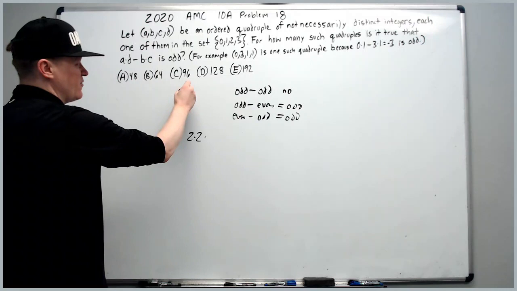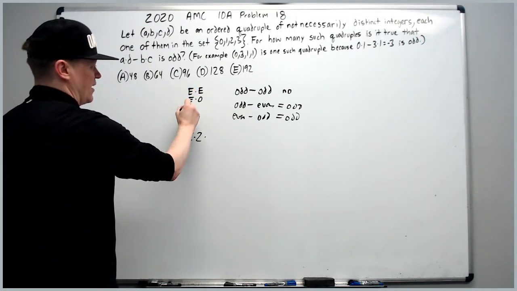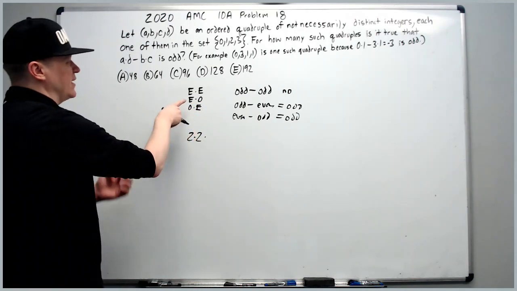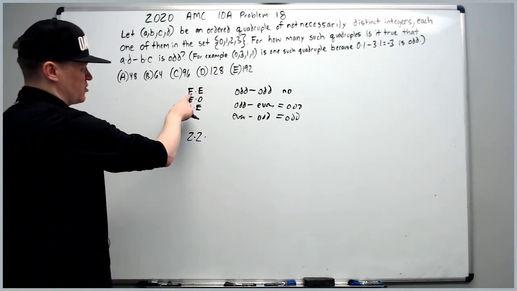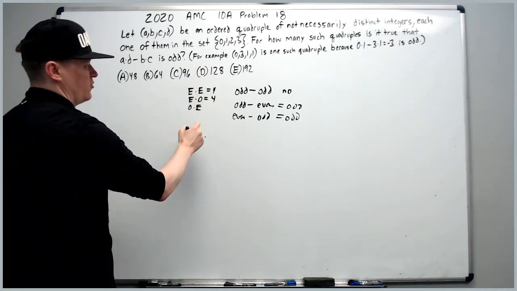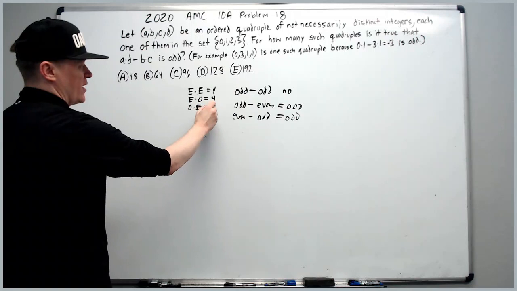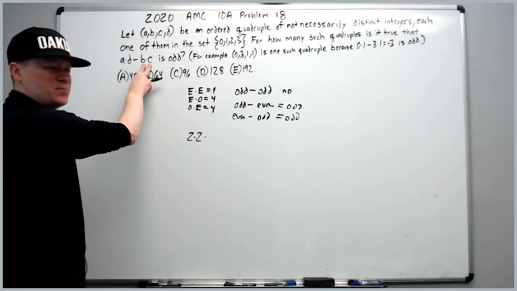Now to get an even, I can have an even times an even, or an even times an odd, or an odd times an even. And each of these has 2 ways for it to occur. So 2 times 2, there's 4 ways for this, even times odd, 4 ways for that, and 4 ways for this, for a total of 12 ways for BC to be even.